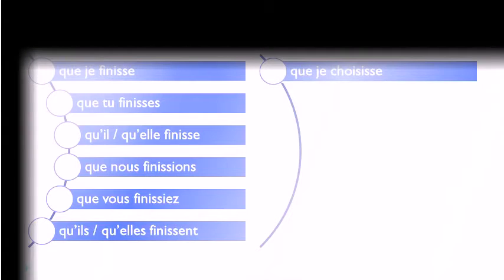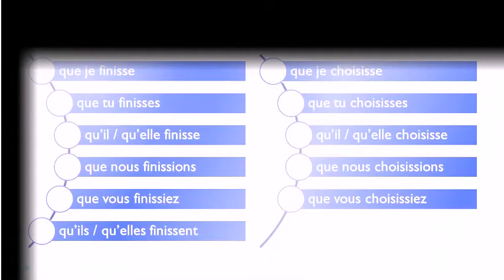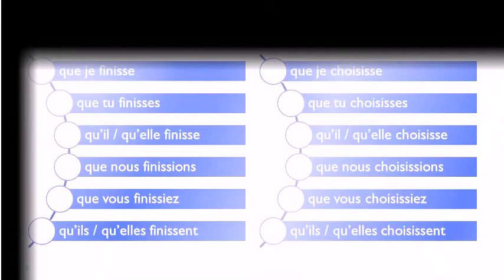And then, que je choisisse, que tu choisisses, qu'il choisisse, qu'elle choisisse, que nous choisissions, que vous choisissiez, qu'ils choisissent, qu'elles choisissent. Alright? So the good thing is that for the second group of verbs, well, basically you don't have any major difference between the je, tu, il, elle, nous, vous, and ils, elles. You've got the same first part, okay? You just need to put the endings after. Alright?